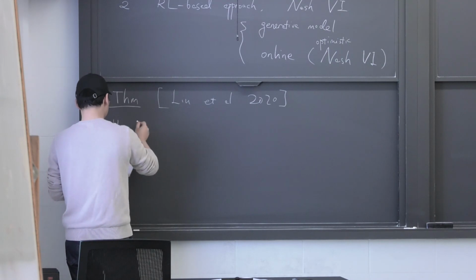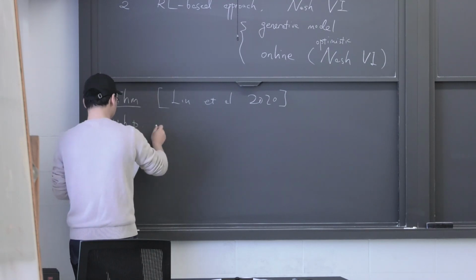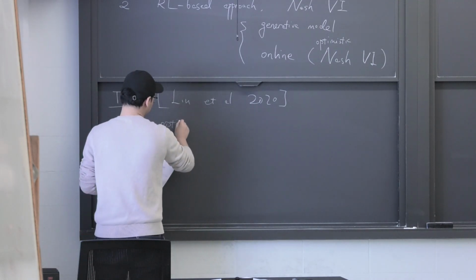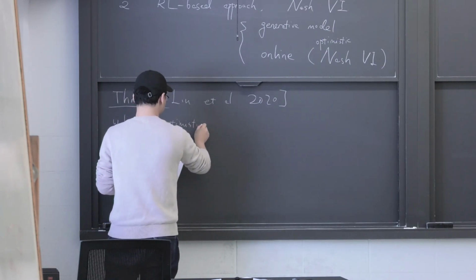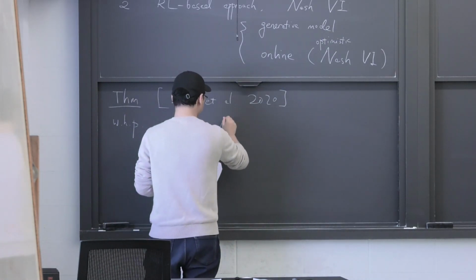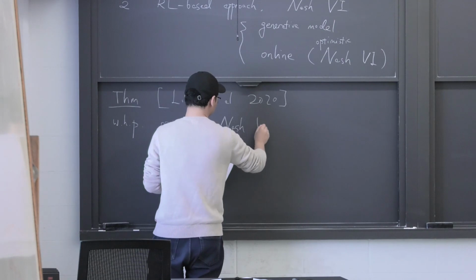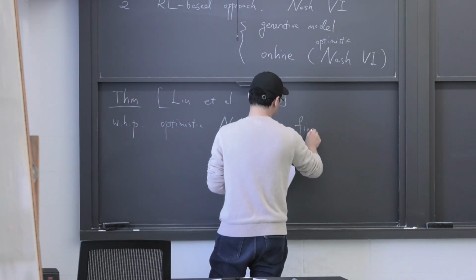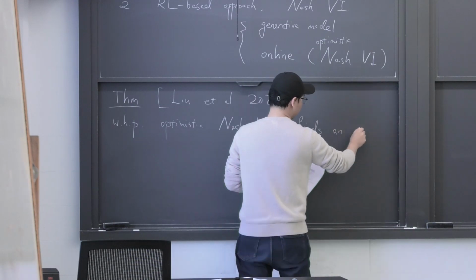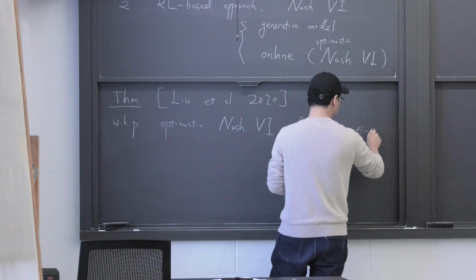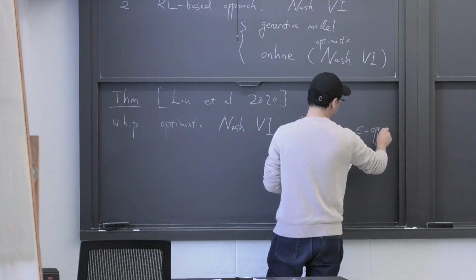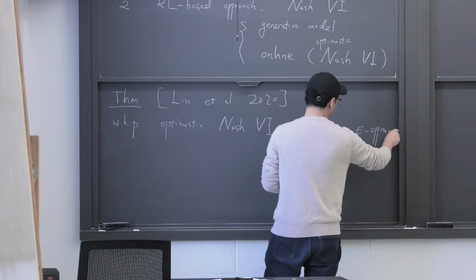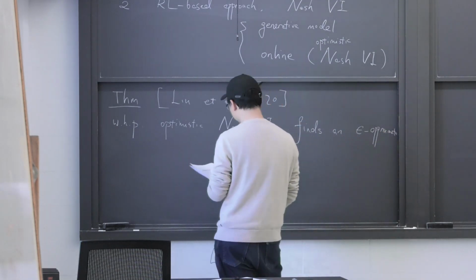The guarantee says, with high probability, optimistic Nash value iteration finds an epsilon approximate Nash equilibrium.